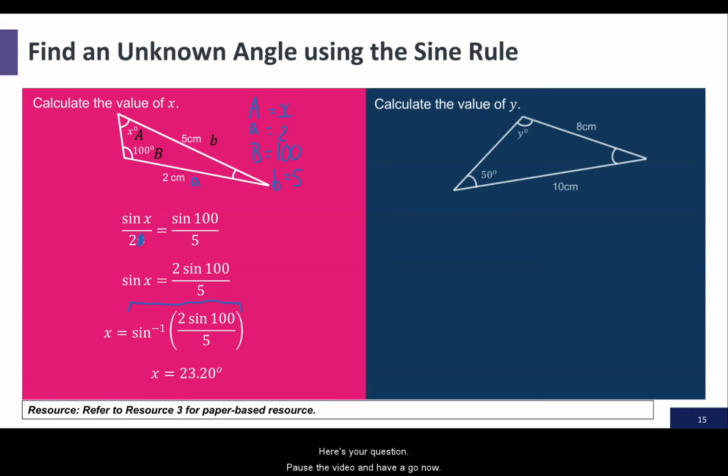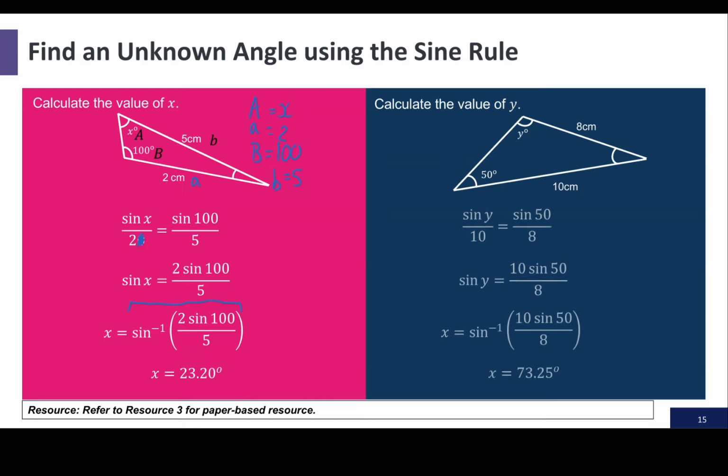Here is your question. Pause the video and have a go now. Here is the solution. I've labelled like this. So sine y divided by 10 is equal to sine 50 divided by 8.